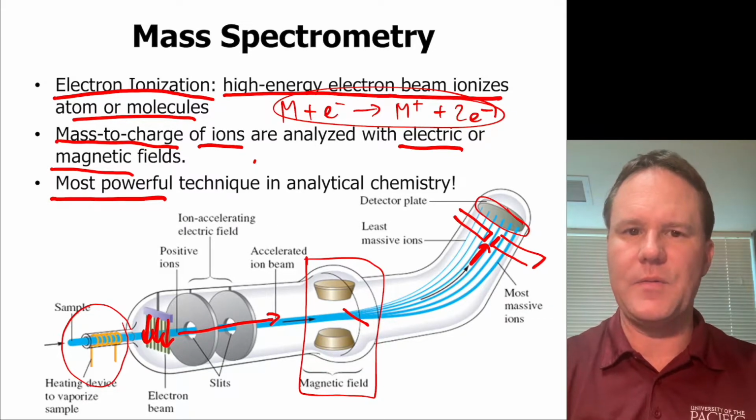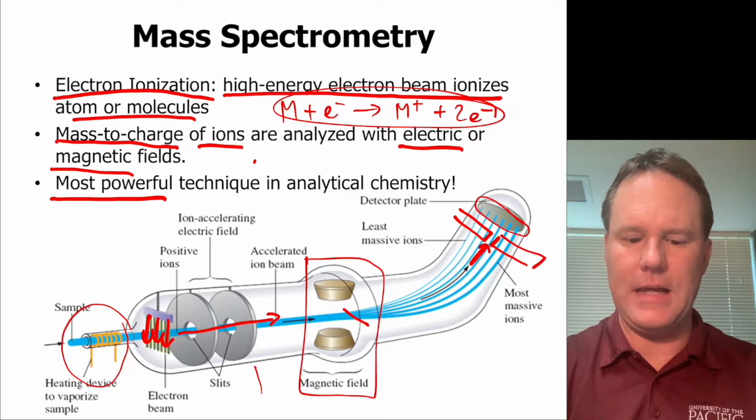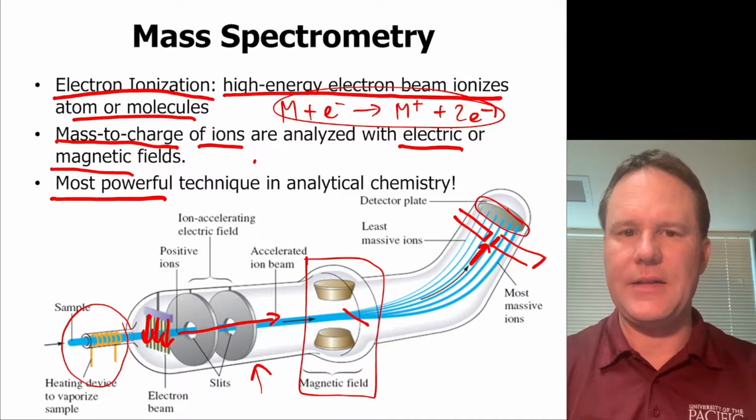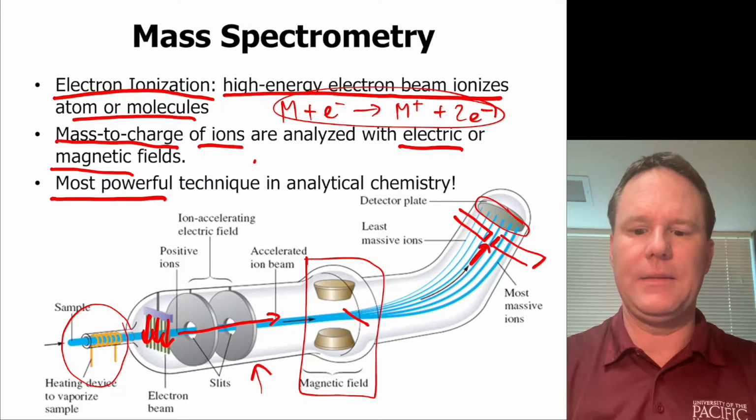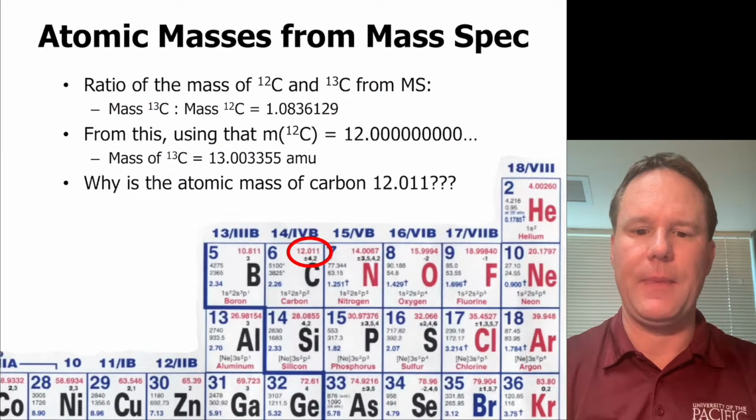And then if you scan with either the magnetic field or better with the acceleration, then you can set which masses of ions will make it through. This way you can scan with the mass, and then look at, let's say, a certain atom, what kind of isotope masses it has.